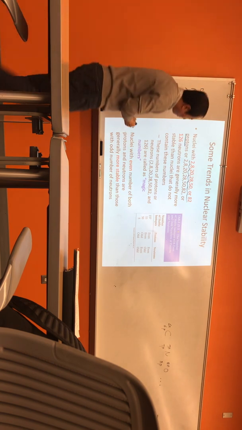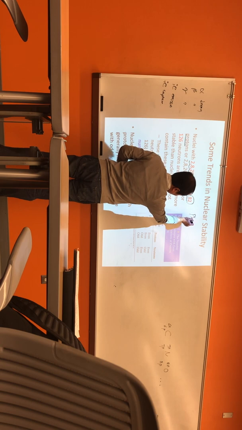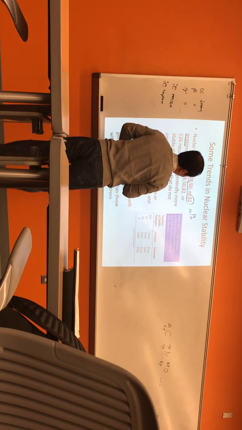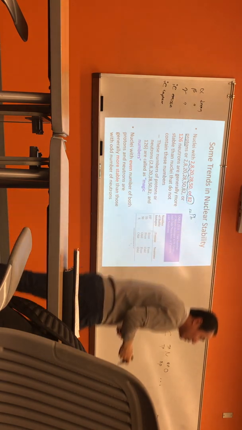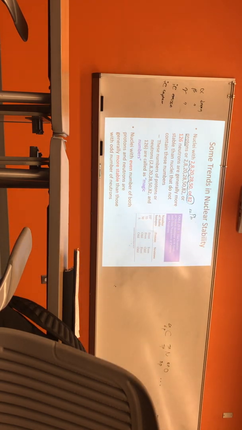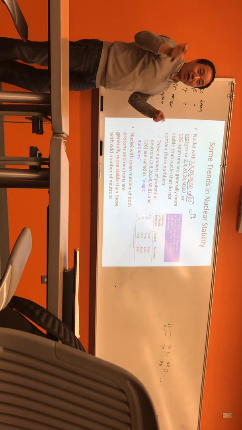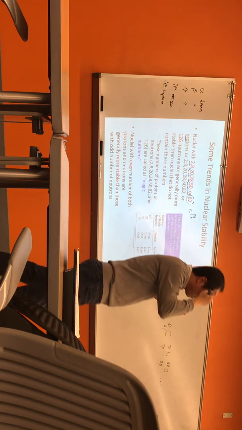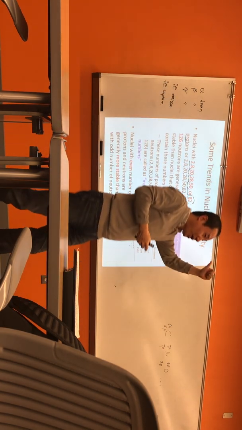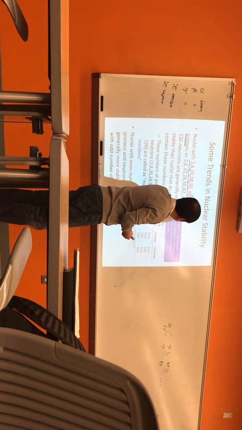For example, 82, which is lead. Is it lead? Yes. Okay, so lead is very stable compared to other elements. Most uranium and other radioactive elements will decay until they become lead, because this is stable.